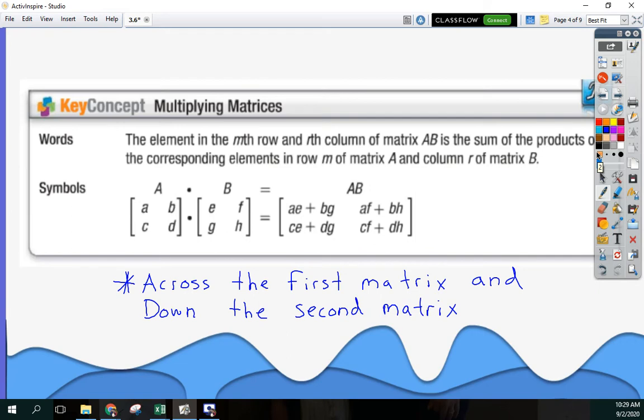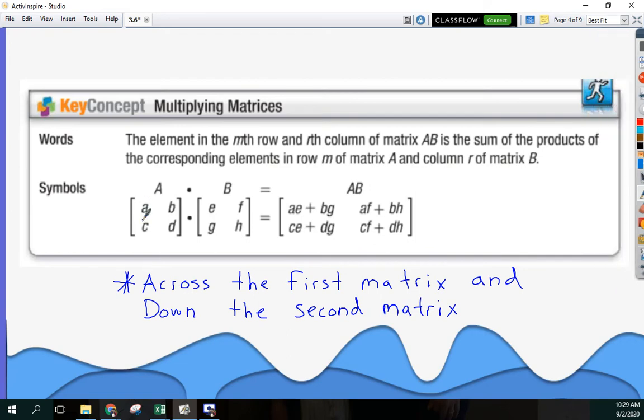So we're going to look at row 1 of matrix A. I'm going across my first and down my second, and I multiply the corresponding parts.